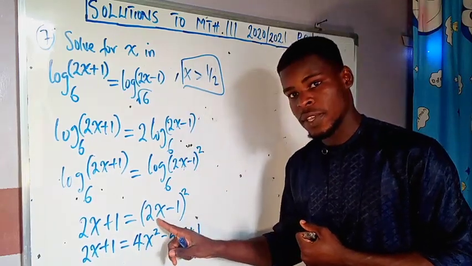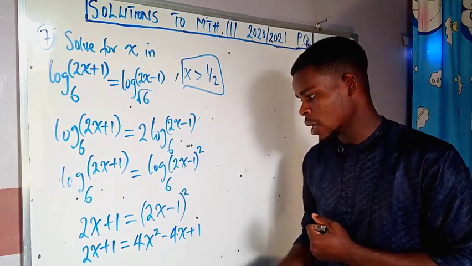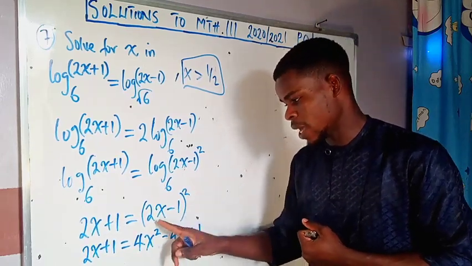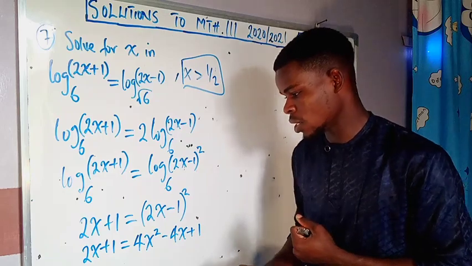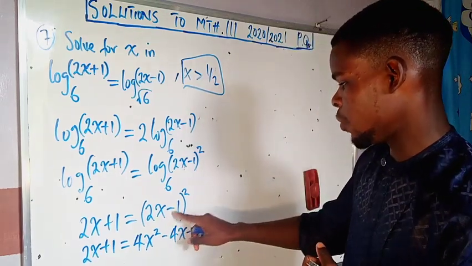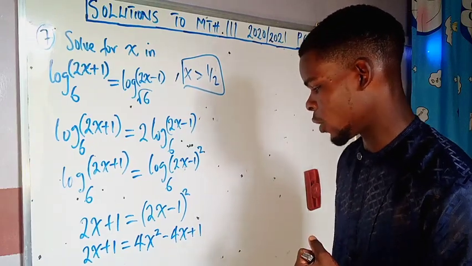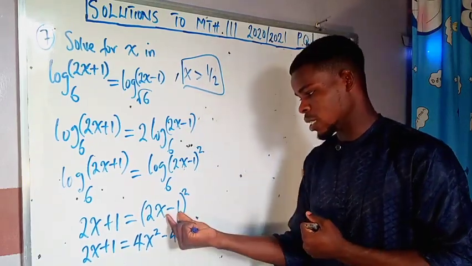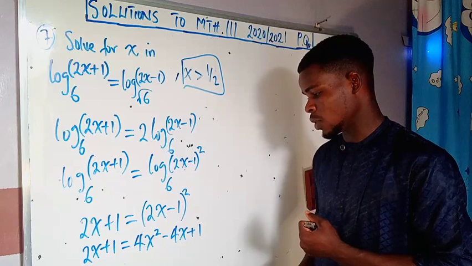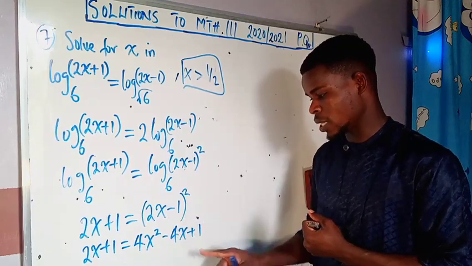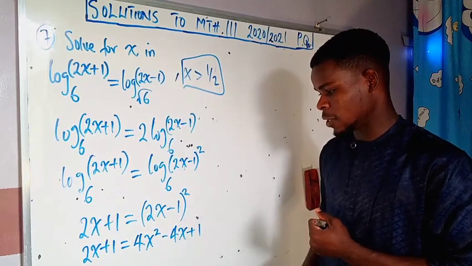We are going to square the first term, which is just 4x squared. Then we multiply the first term and the second term by 2, taking note that the second term has a negative sign. That means 2 times 2x, that is 4x, times negative 1, that's just negative 4x. And lastly, you square the second term, which is negative 1 squared, that will become positive 1.